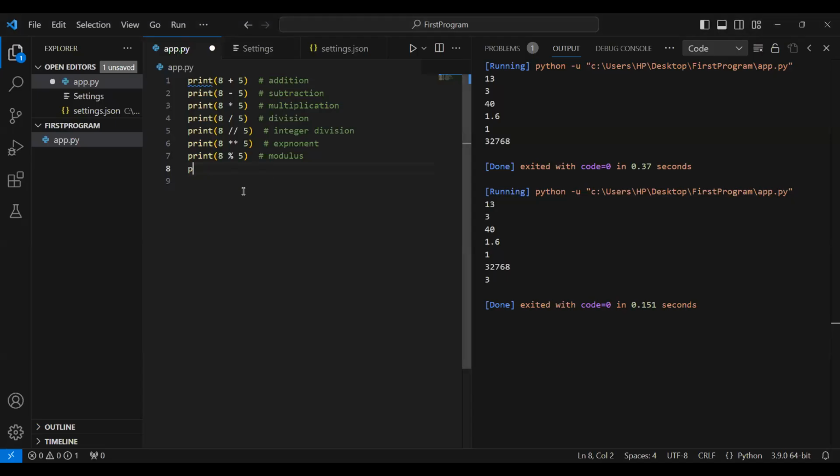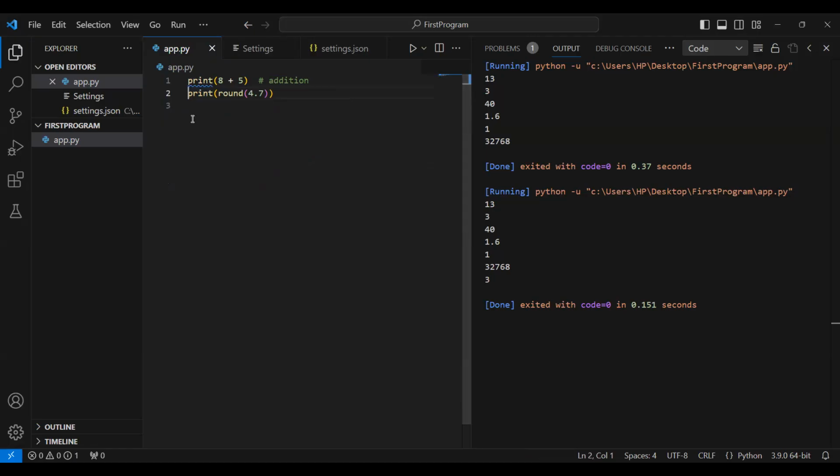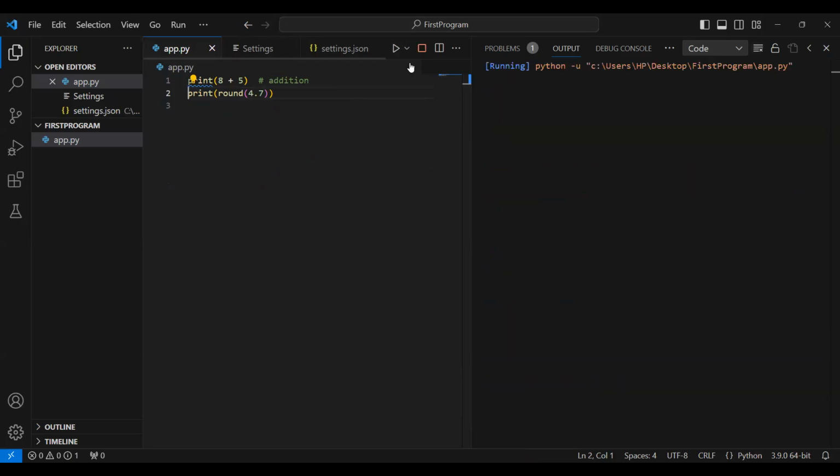We have print round 4.7, the argument is 4.7. Let's see what we get. We can delete this. We save and we run. You get the answer is 5.